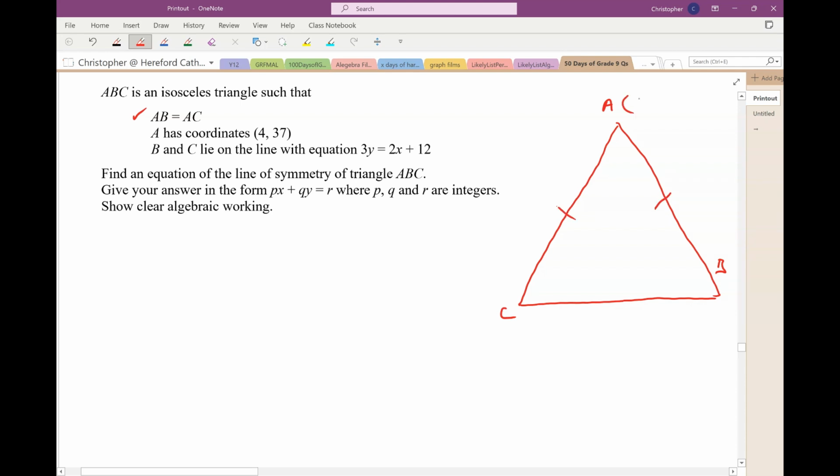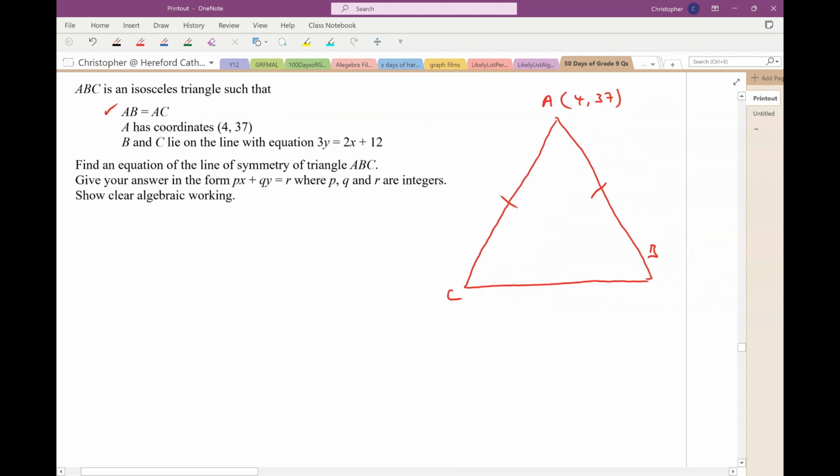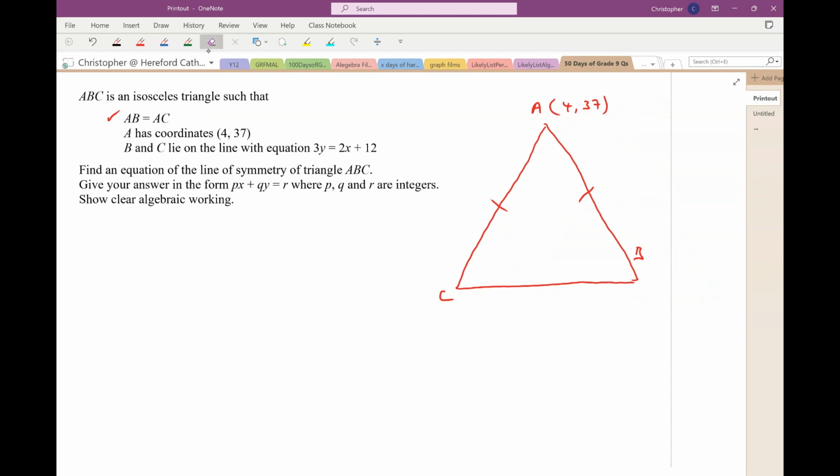A has coordinates (4, 37), and B and C lie on a line with equation 3y equals 2x plus 12. Find an equation of the line of symmetry.